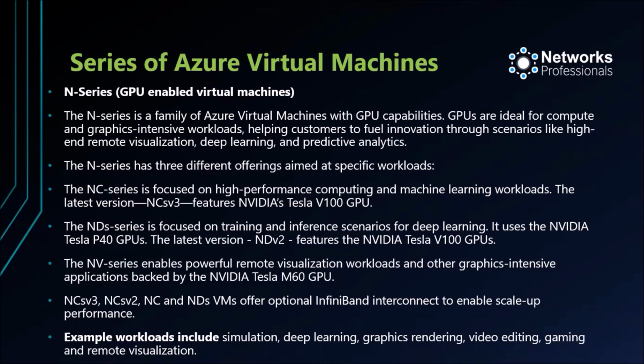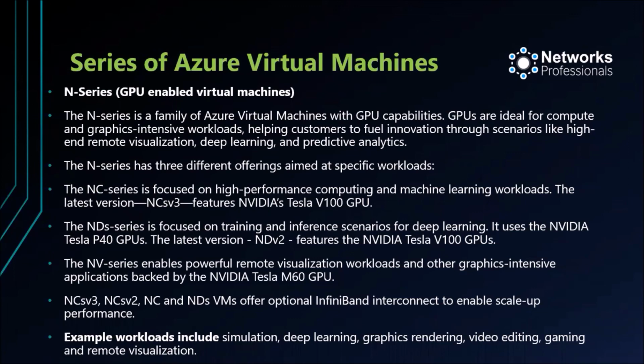The NC series is focused on high performance computing and machine learning workloads. The latest version, NC SV3, features NVIDIA's Tesla V100 GPU. The ND series is focused on training and inference scenarios for deep learning.